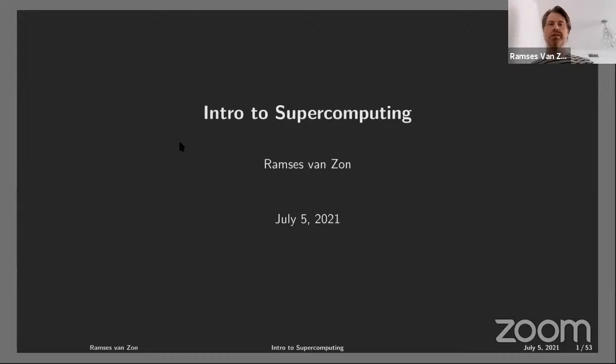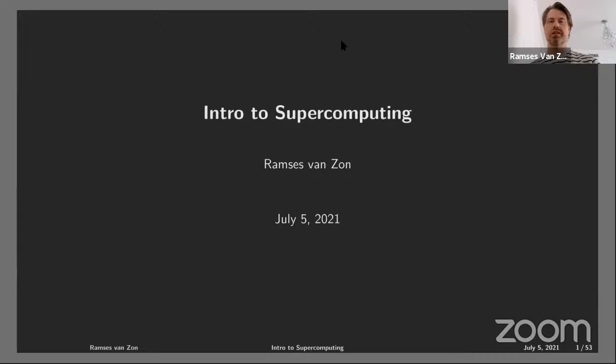So this week is dedicated to learning about supercomputing. It's going to be a little bit more general, but there are a lot of things about supercomputers or large-scale computing that are quite a bit different from running things on your own laptop. We're going to go into that, and we'll actually get a chance to try these things out on an actual supercomputer, even if you didn't have access to one.